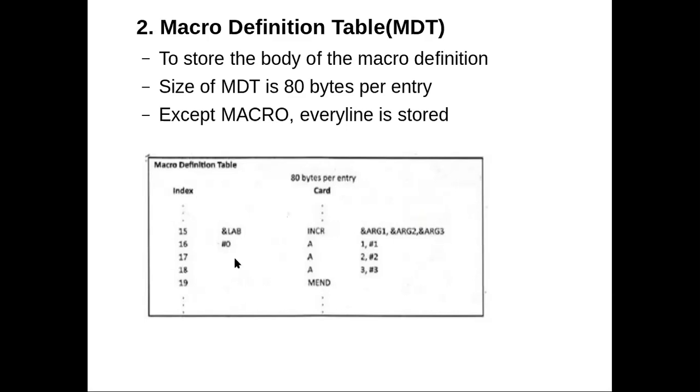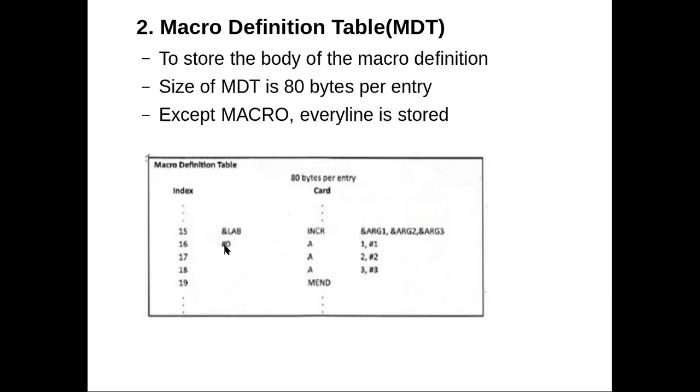Now you can see the structure of the macro definition table here. On the left side, we have index values giving the numbers, and on the right side, the definition. Card indicates the program which contains the macro definition. So here it is actually &LOOP1 INCR &ARG1, &ARG2, &ARG3, and from there onwards we are storing.